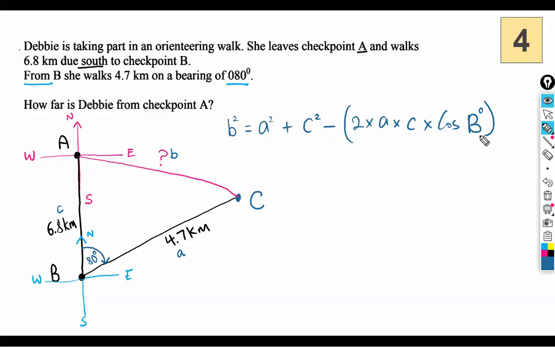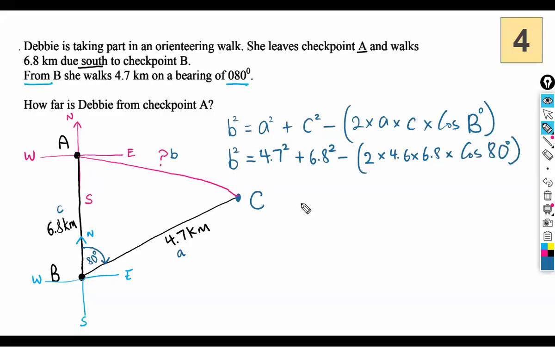Right? Anjali, check it back, right? A is how much? 4.7, decimals. They're giving us decimals this time. 6.8 here. 2 by 4.7 by 6.8 by cosine. The angle is 80 degrees.